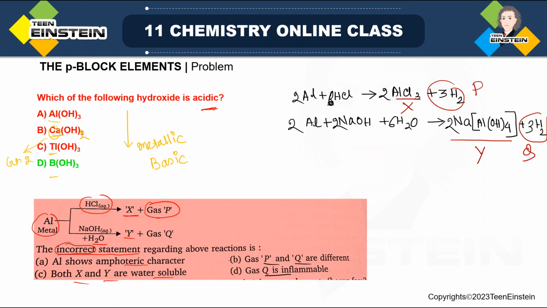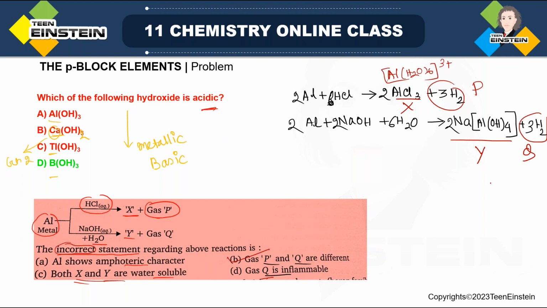So this should be the correct option. And Q is inflammable, obviously hydrogen is inflammable. X and Y, both are soluble. Even if you have some doubt regarding whether these two are soluble or not, remember, AlCl3, when it is in water, forms Al surrounded by 6 water molecules. This type of cation is formed. So obviously it is soluble.